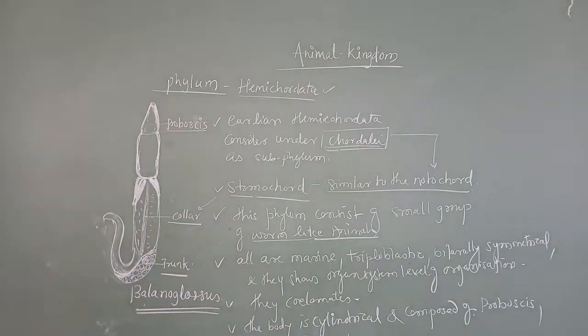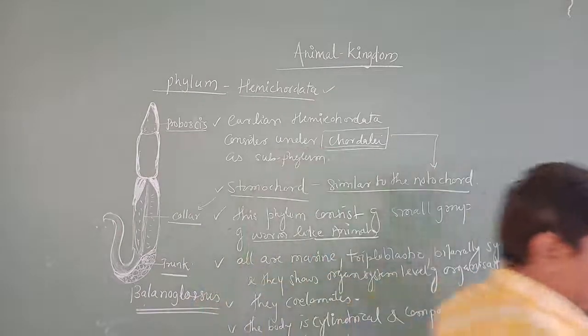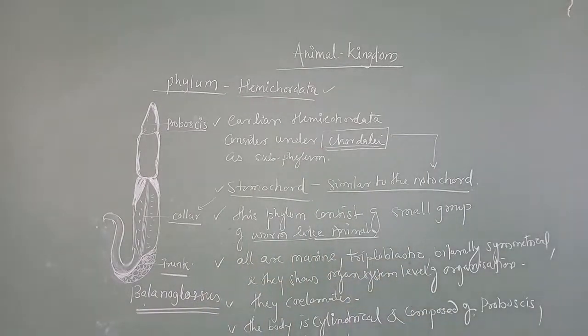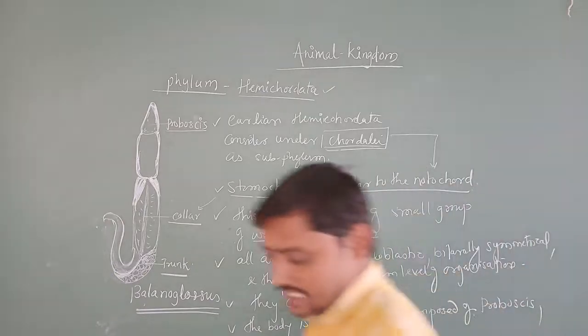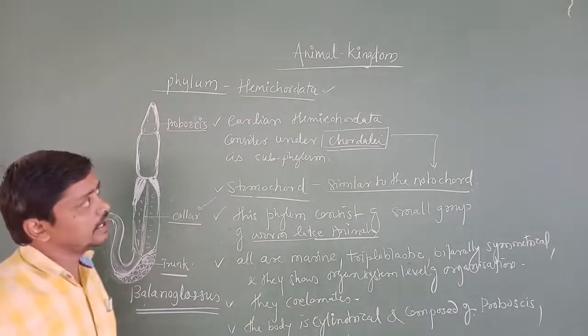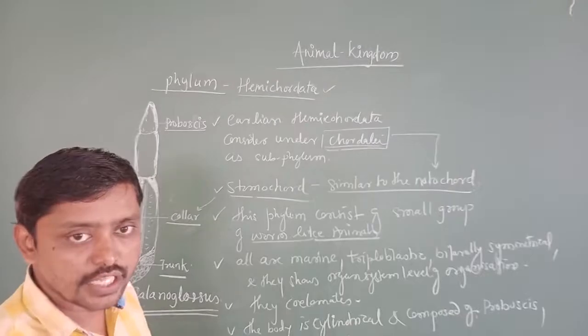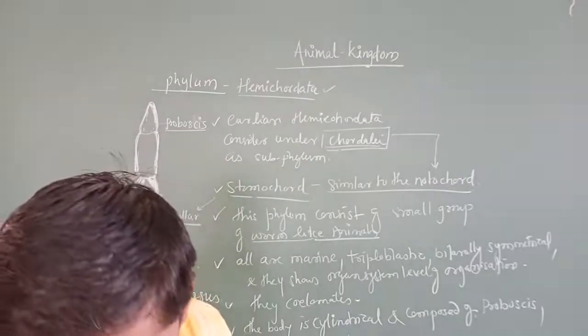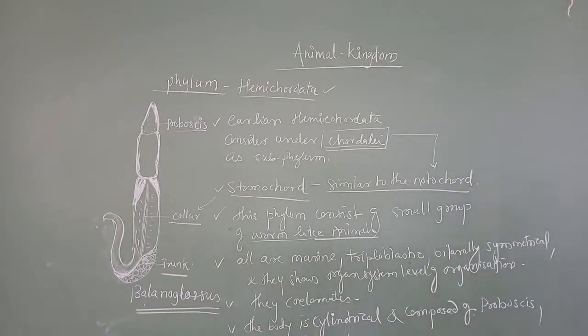Proboscis, collar and trunk. This is about the body of the organism. Now, next, what are we going to study? Here we are going to start discussing the circulation.